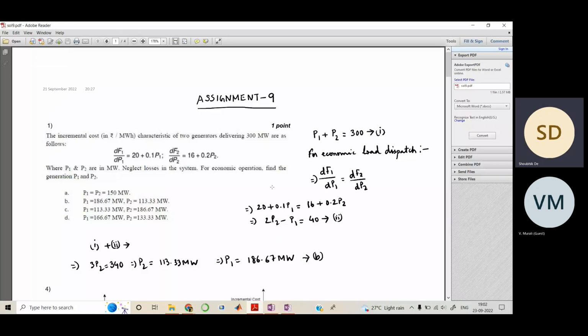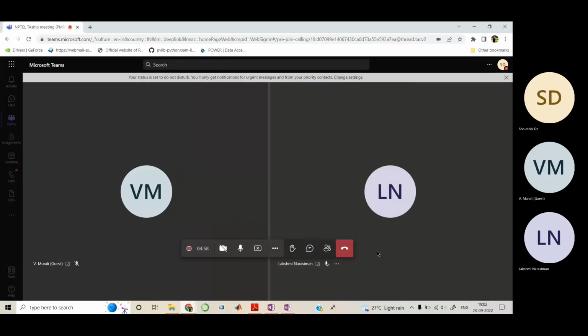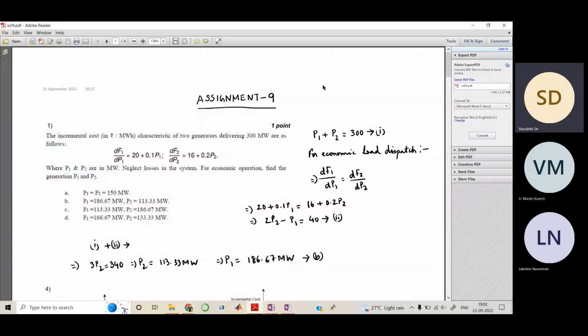So the incremental cost in rupees per megawatt hour characteristics of two generators delivering 300 megawatt are as follows.